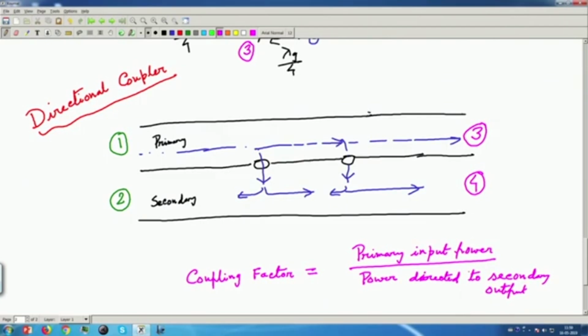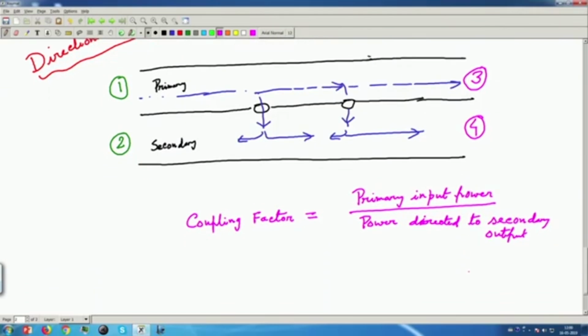So, this you know. Now, monopulse will require 3 dB couplers.